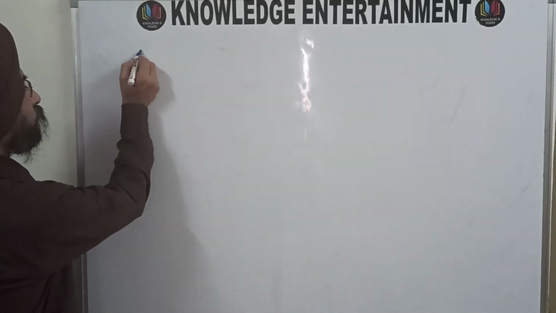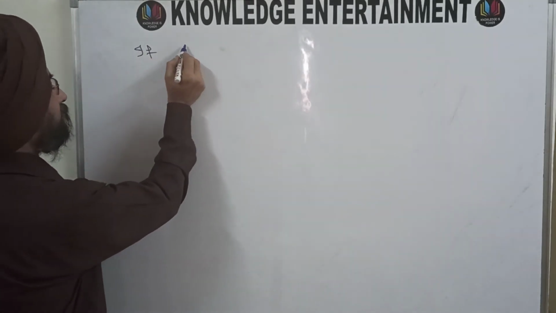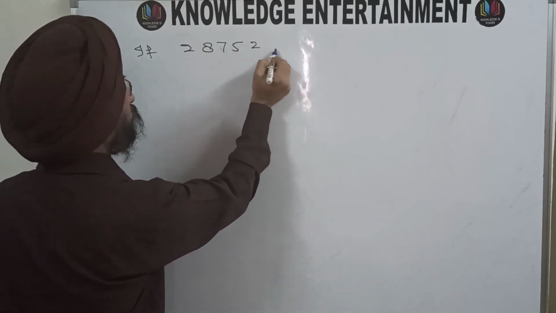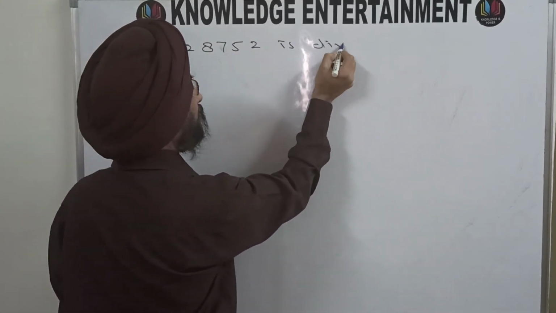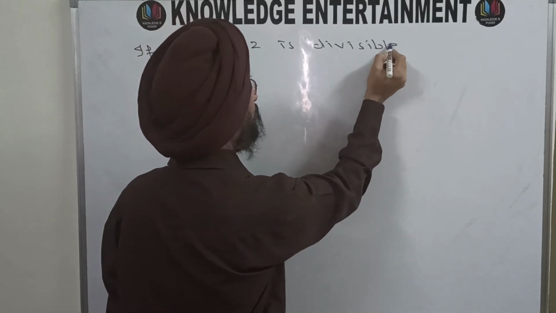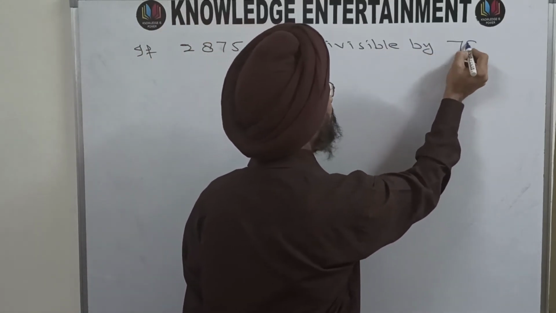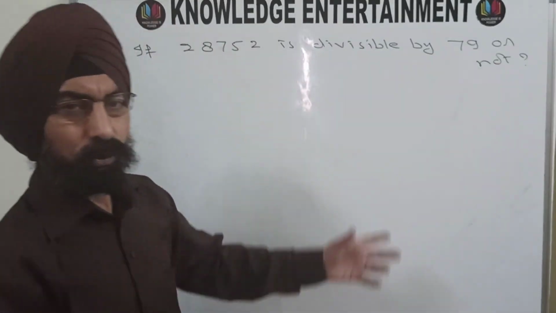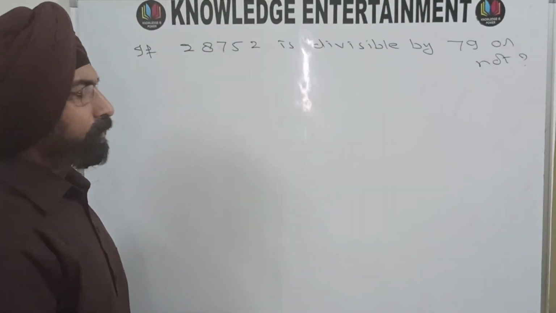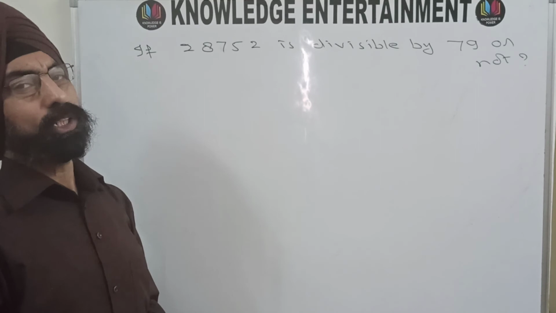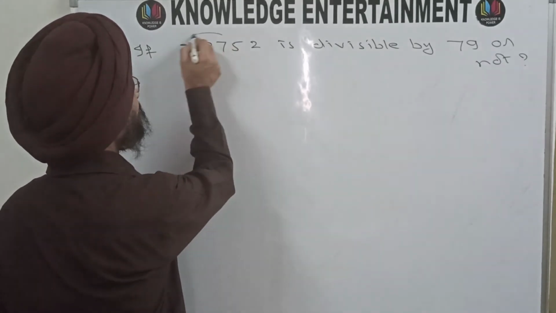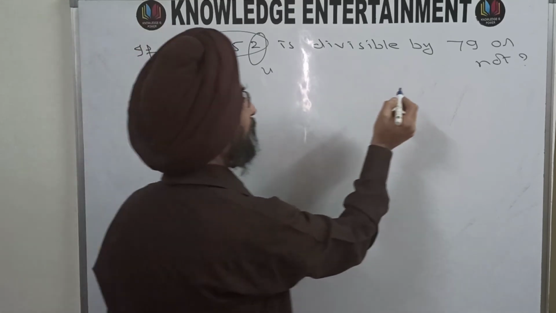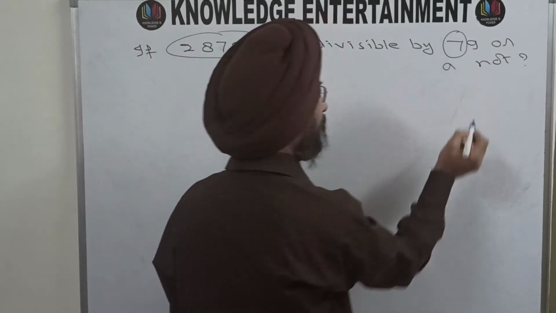So we have to check if the number 28752 is divisible by 79 or not. So we have to check this divisibility now. What is your a, what is your u, what is your n? This is your number n, this 2 is your u, and this 7 is your a.